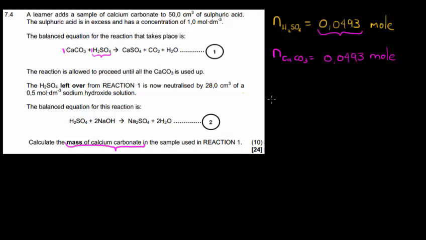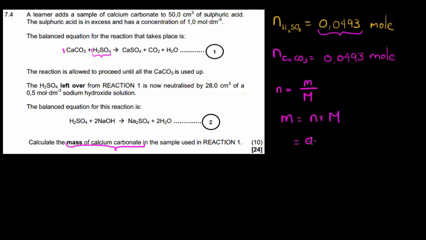All we need to do now is use that moles is equal to mass divided by molar mass. So if we want mass, we multiply the number of moles with the molar mass.